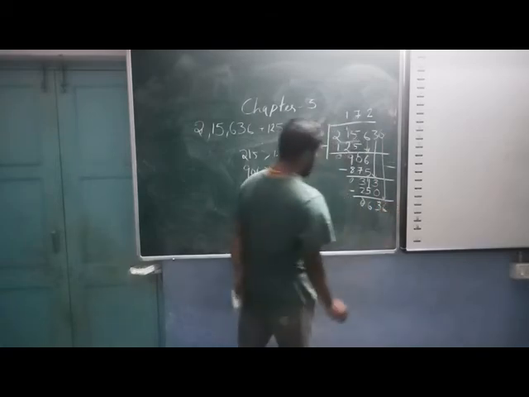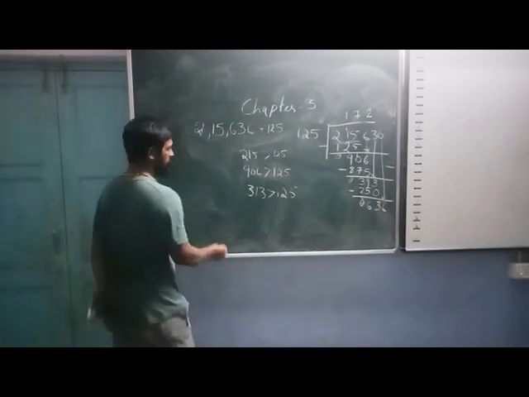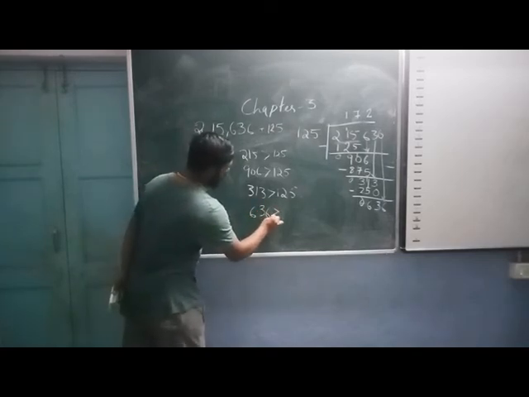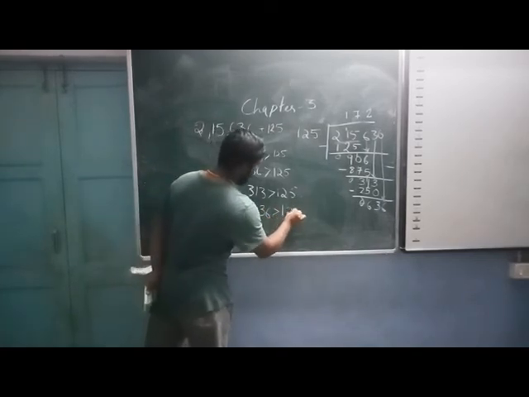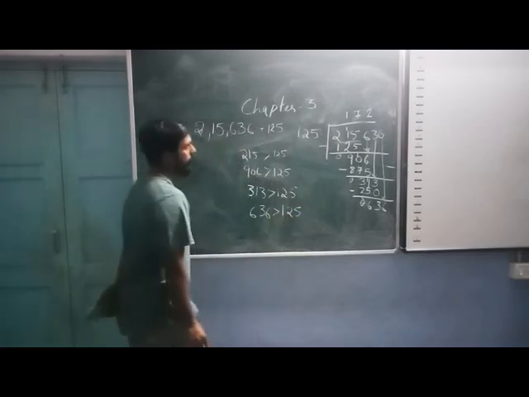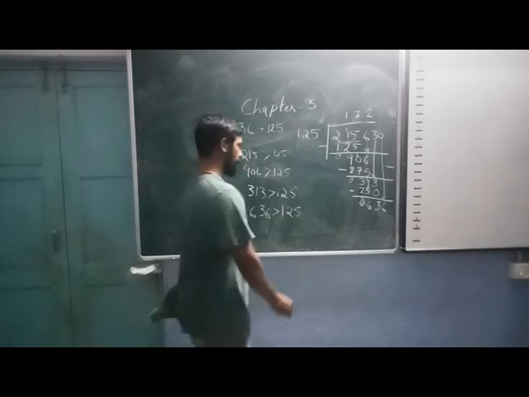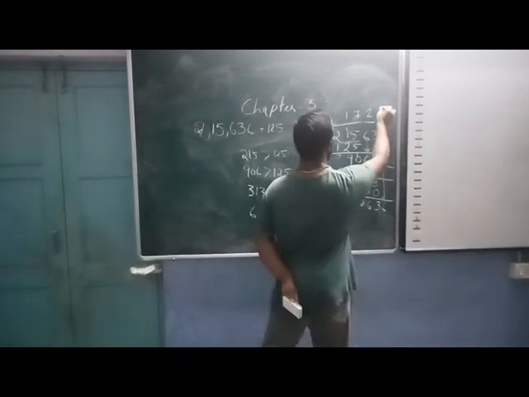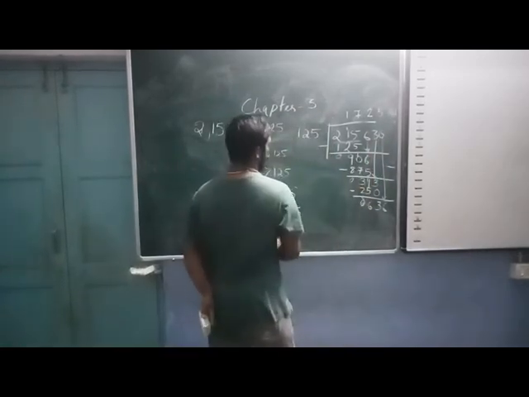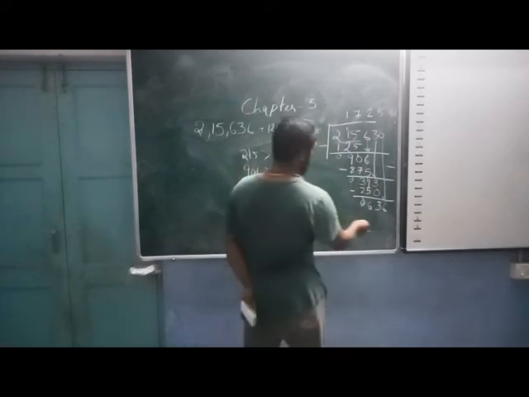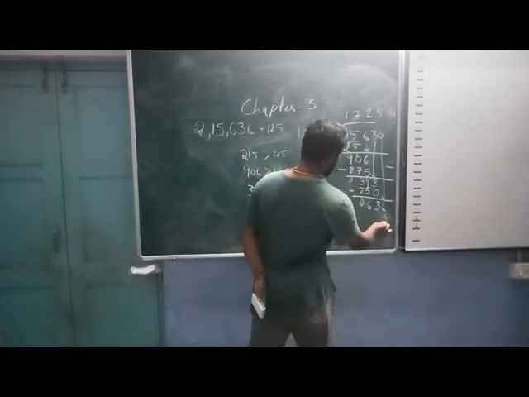So 636. So 636 is bigger than 125. So now let us see how many times this will become. So if we give 5 times, let us see, 5 5s are 25.